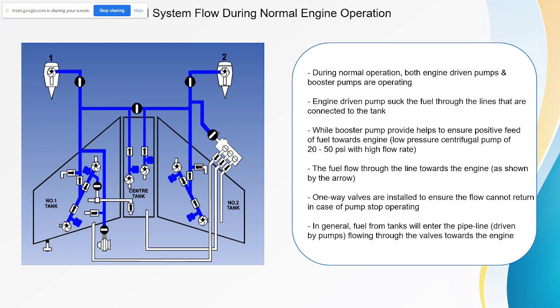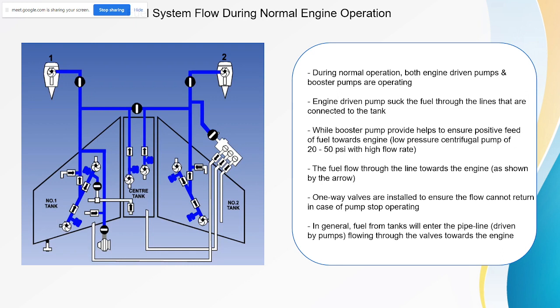Okay, so let's continue. Now we will look into the fuel system flow during normal engine operation. Here is the brief description on how the fuel flows in the system during normal engine operation. To make it simple, fuel will flow from the tanks, driven by the pumps, into the pipeline towards the engine.